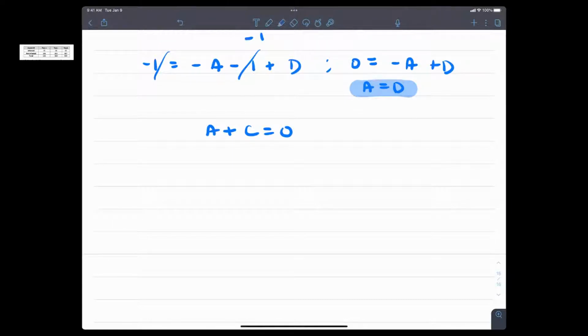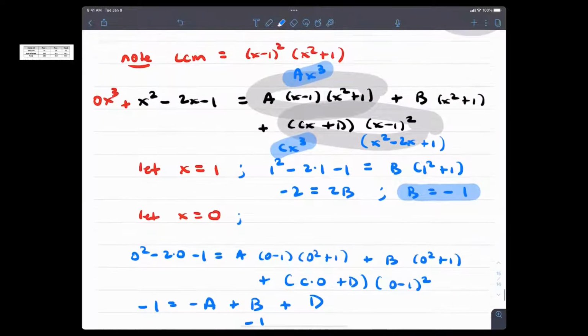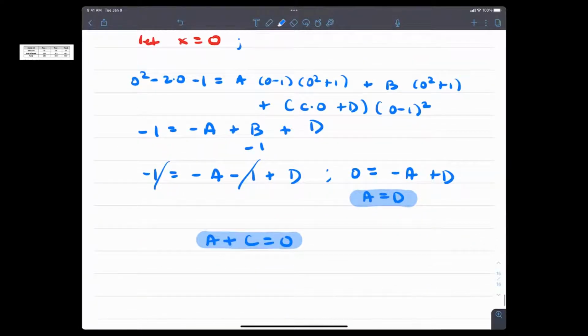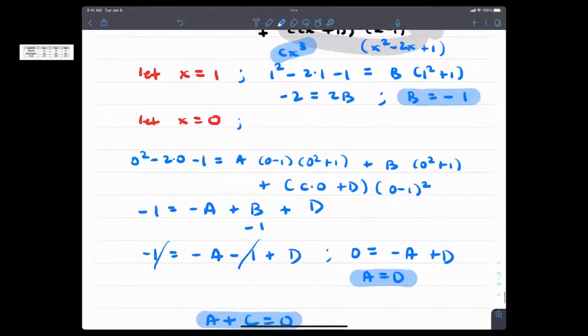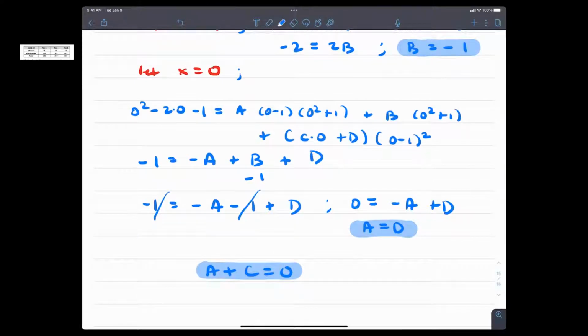Maybe it doesn't even help me. All right, well, maybe it didn't even help me here. I got this. B is negative 1. I got a is d. I get a plus c is 0.